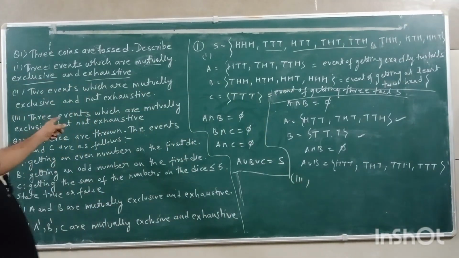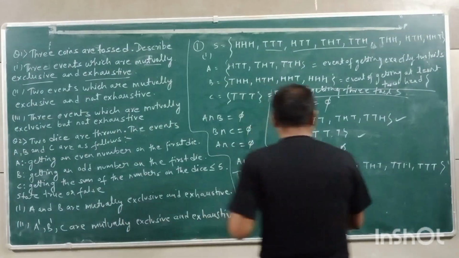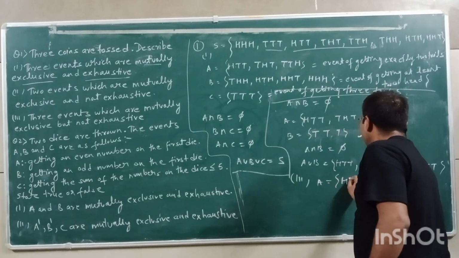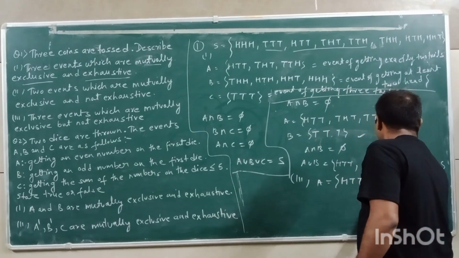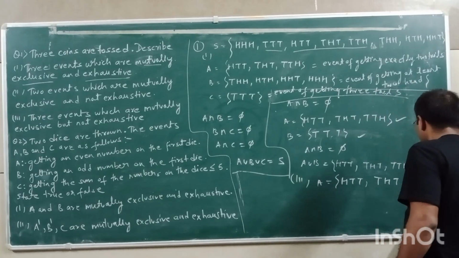In the third one, you have to tell three events which are mutually exclusive but not exhaustive. Suppose you take A equal to HTT, THT and TTH.